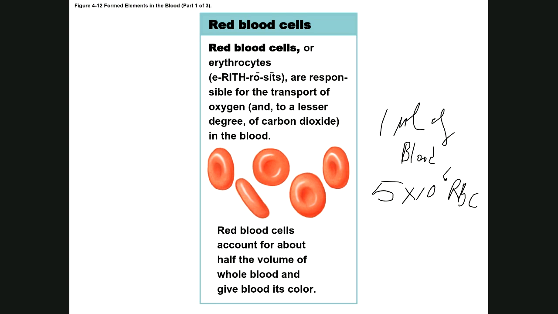Okay? And they don't have a nucleus. They had a nucleus, but when the mature red blood cell leaves the bone marrow, it loses the nucleus. The nucleus disintegrates. They carry oxygen, hemoglobin carries oxygen in oxygenated blood, and deoxygenated blood means it has more CO2 in the blood than oxygen.